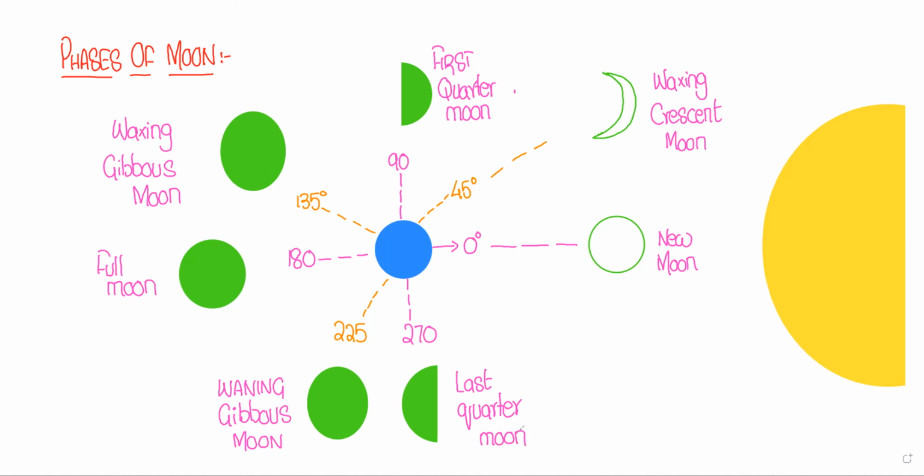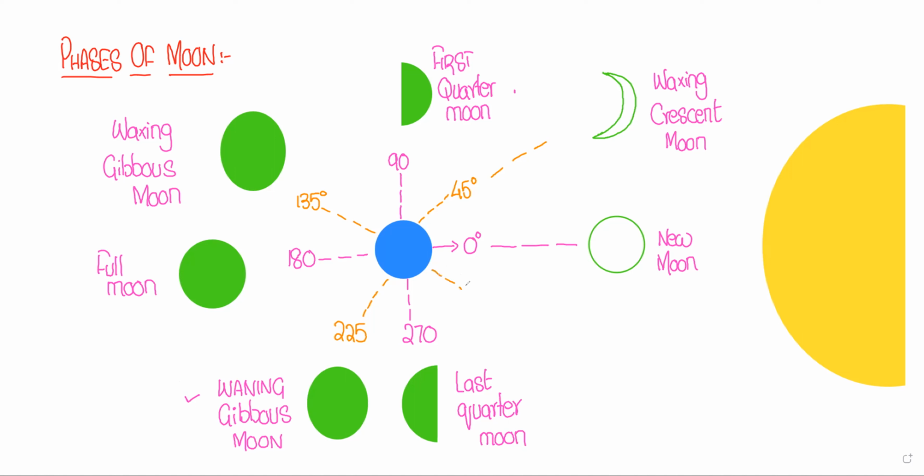And the final one, between the 0 and 360-degree angle, that will be the last phase, and that will be opposite to the, what will be the last phase? Any idea? Crescent? Yes, that is now the crescent part, but that is the waning crescent, just like the waning gibbous moon we discussed over here. So that will also go the same for the crescent moon, but that will be the waning crescent moon, right?